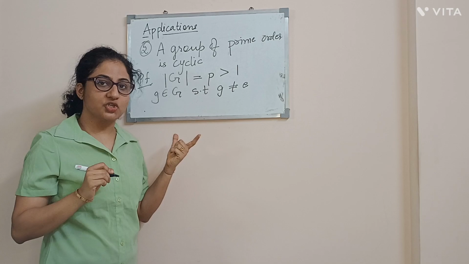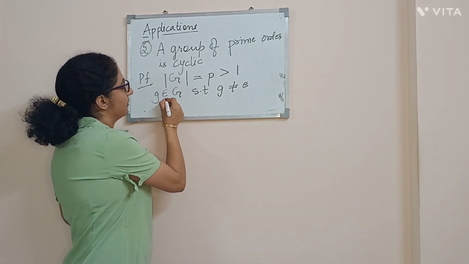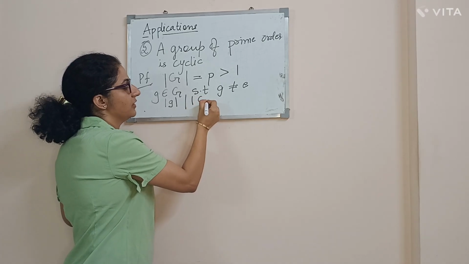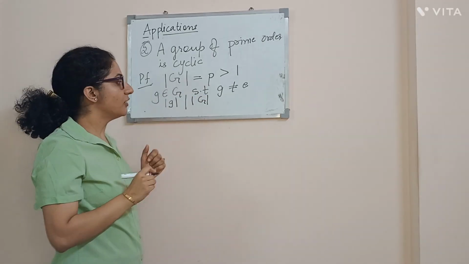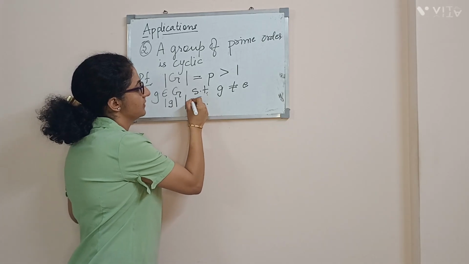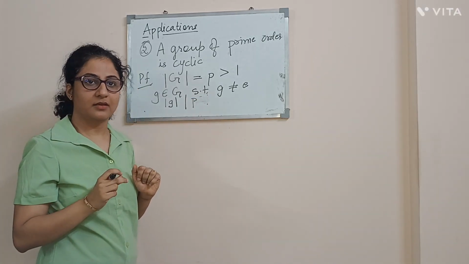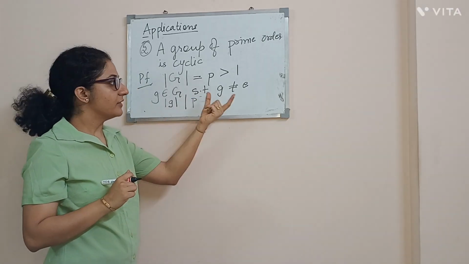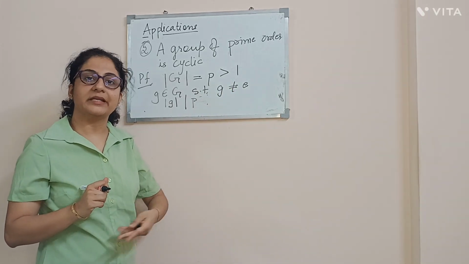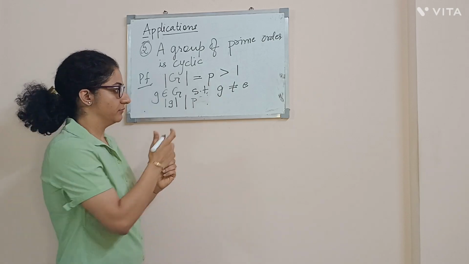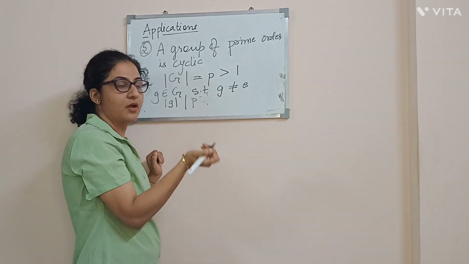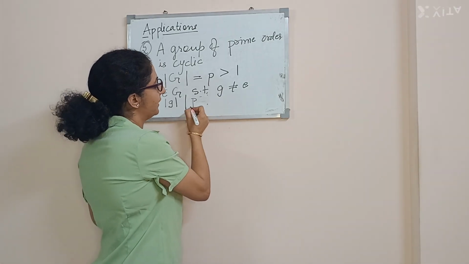By the last application, I know that the order of g must divide the order of G. But what is the order of G? It is p. And we said that g cannot be e, so the order of g is greater than 1 because it is not the identity.